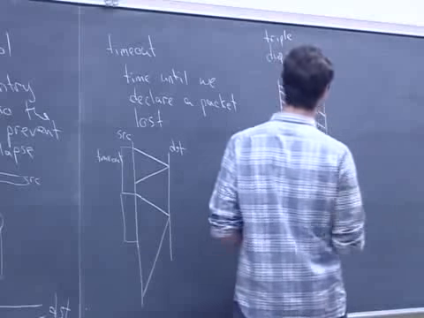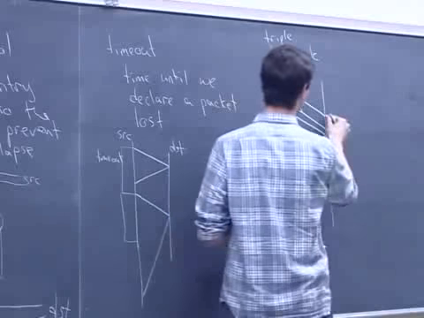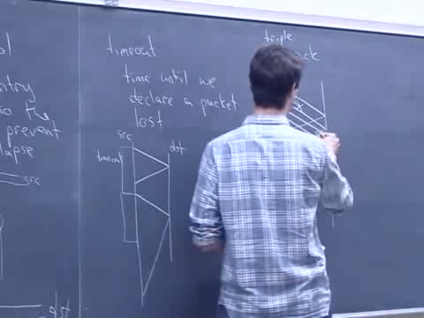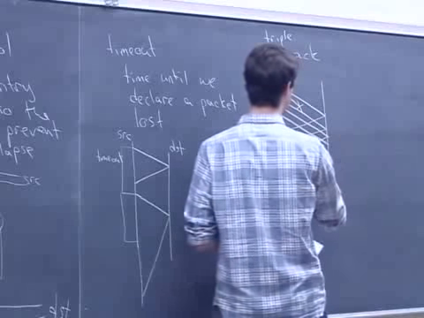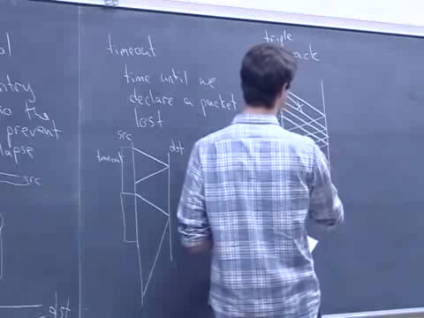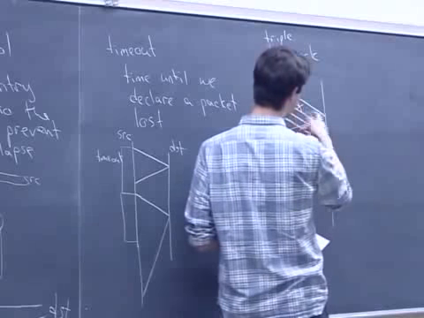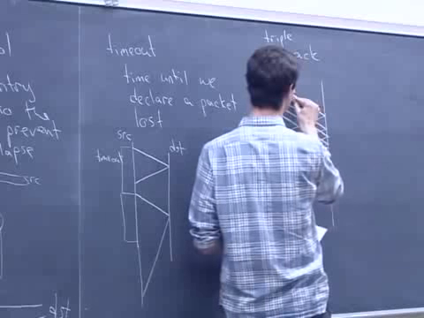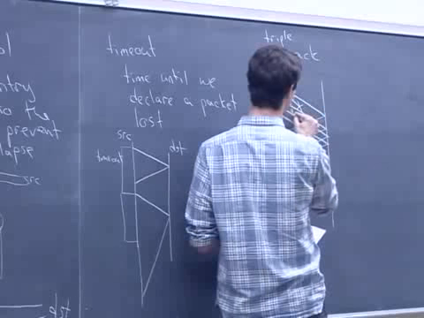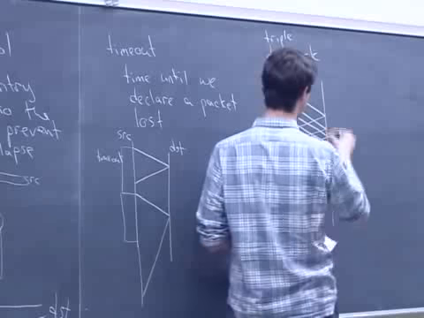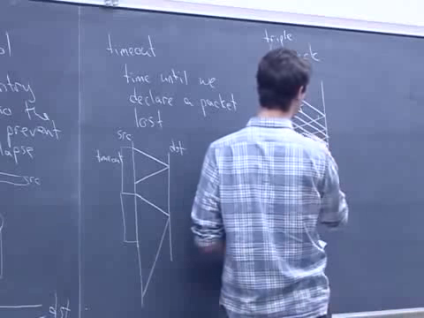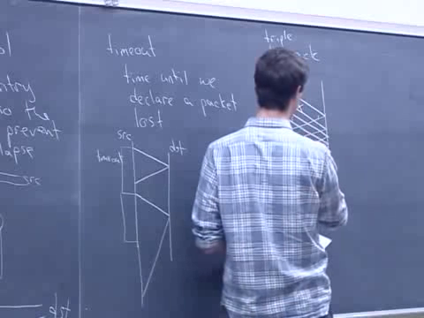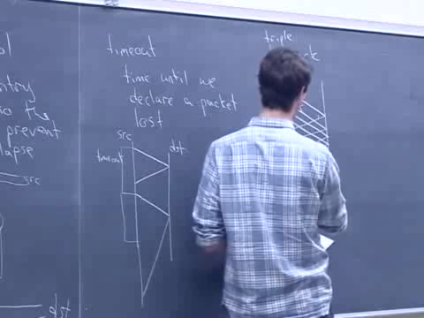So we're sending a bunch of packets. We receive acknowledgements for them. And we see that these acknowledgements came out of order. This was packet 1, 2, 3, 4, 5. So we got the acknowledgement for packet 1, then the acknowledgements for packets 3, 4, and 5.